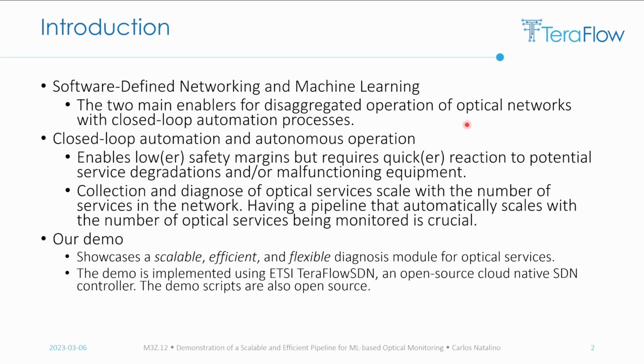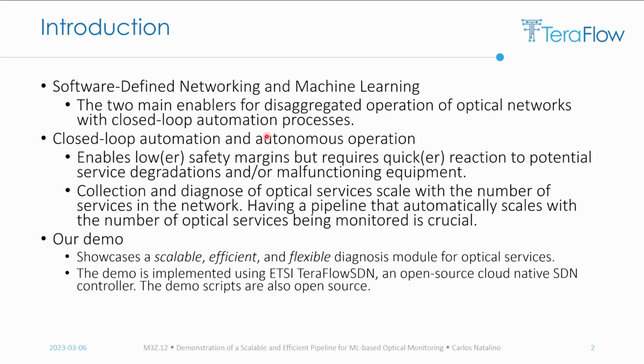Nowadays, software-defined networking and machine learning are two of the main enablers for disaggregated operation of optical networks. In particular, when you disaggregate optical networks, you also want to have closed-loop automation processes in place that are able to help you manage this disaggregated infrastructure.